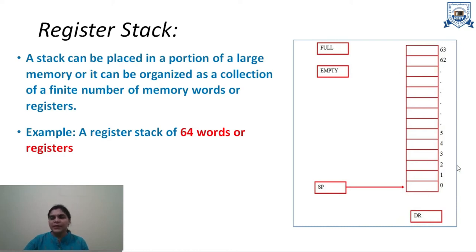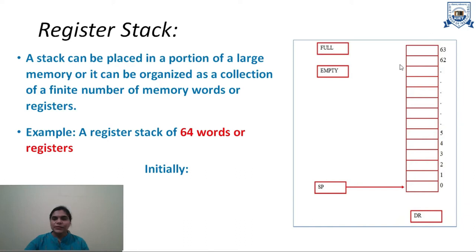And for implementing this register stack, we are using some registers such as full, empty, stack pointer, and data register. Full and empty are status registers. These registers describe the status of the register stack, whether the register stack is full or empty at a particular point.